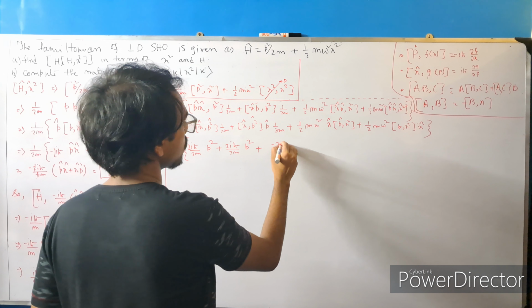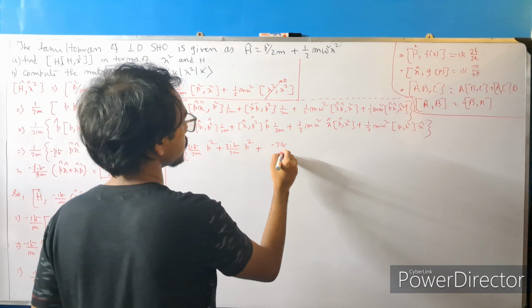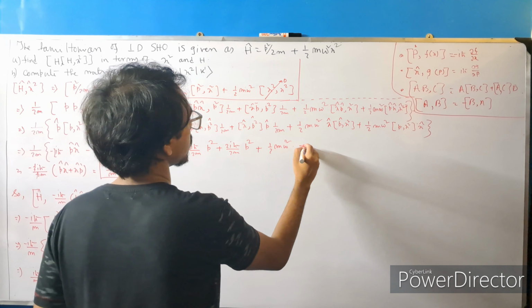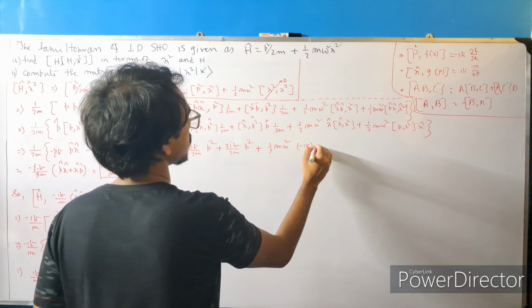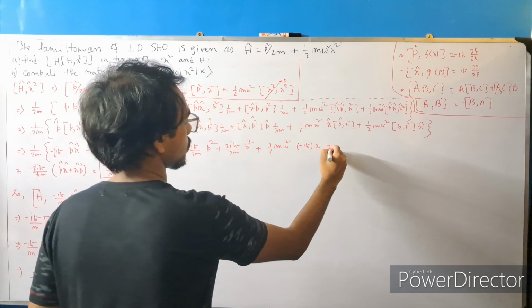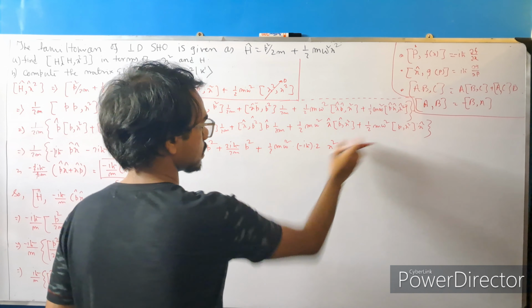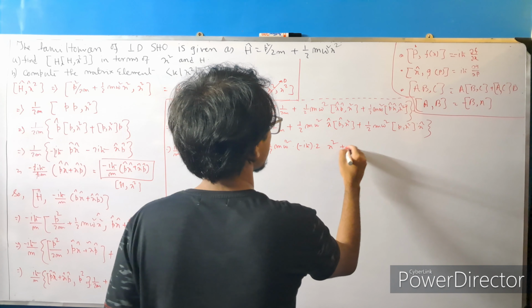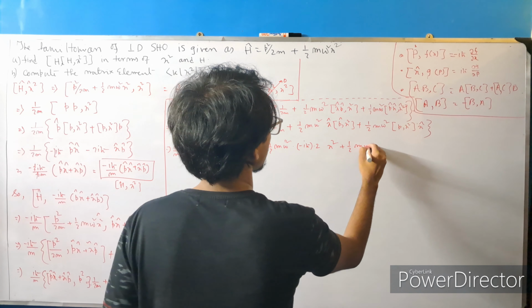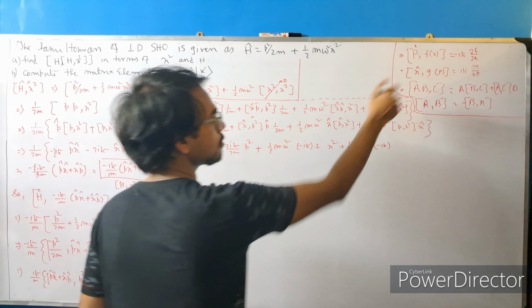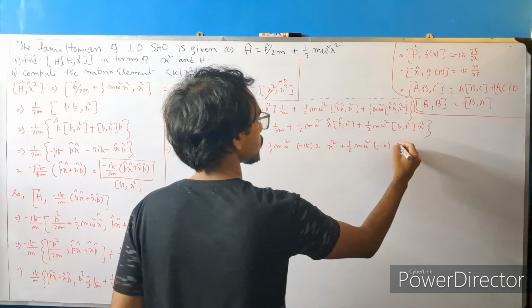So minus 2 i h cut to x square. And from here I will also get the same thing. The minus is here due to this.